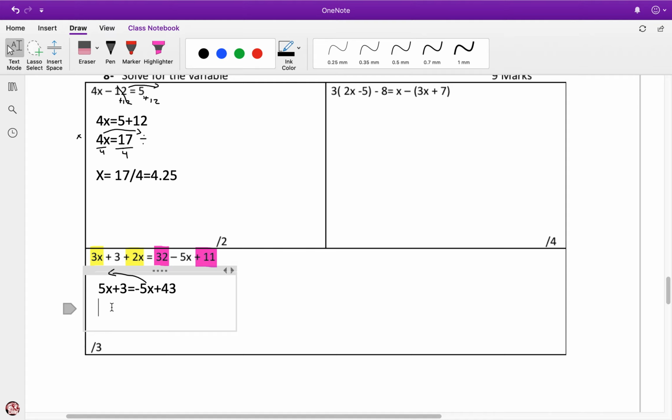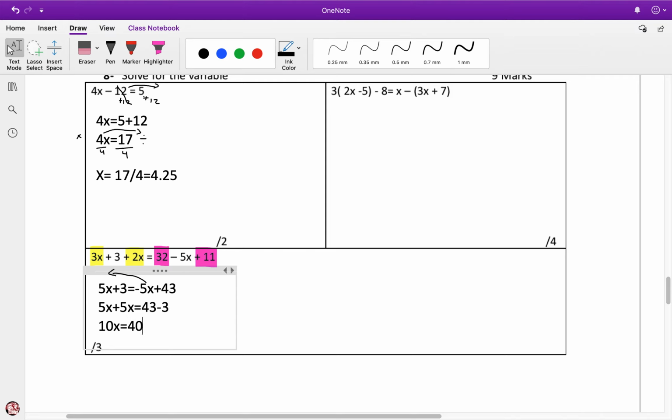So that's going to leave me with 5x, which is really here. And then negative 5 is coming over, so it's going to be positive 5x, which equals 43 since it's already over here. And then plus 3 is coming over, so when it crosses over the equal sign, it's going to do the opposite. So then we're at 10x equals 40.